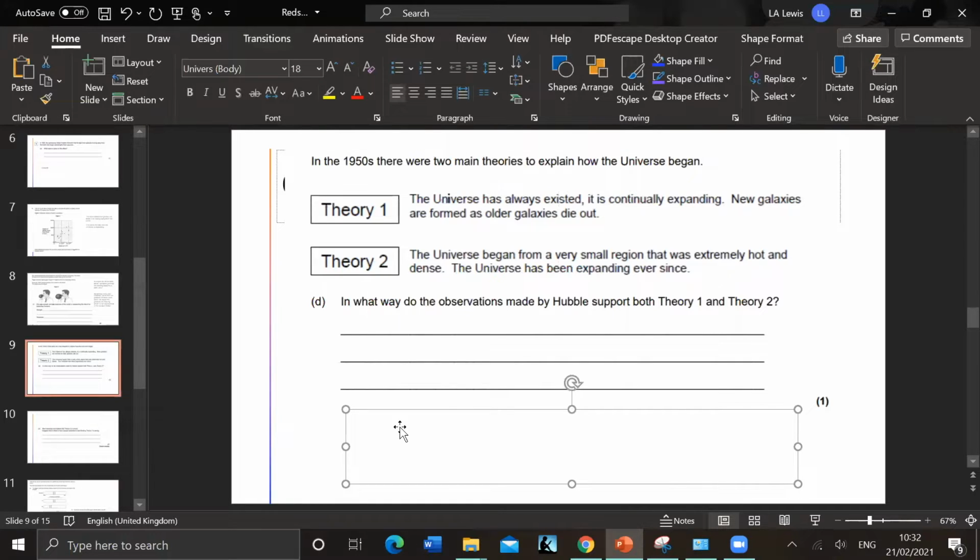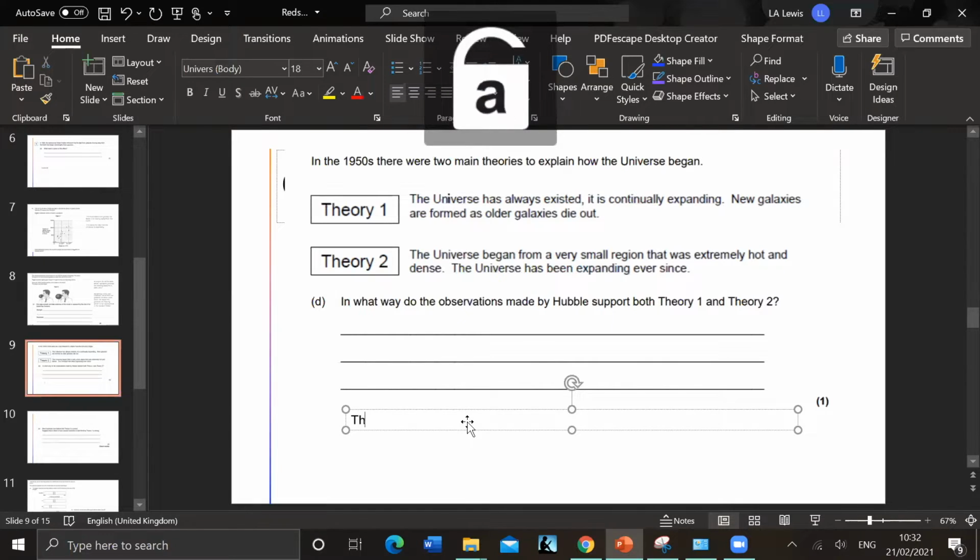But okay, so let's have a look then. In what way did the observation made by Hubble, so the exams use a lot of his data, support both theory 1 and 2? Okay, so there's only one thing they have in common.